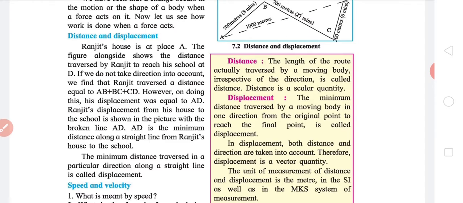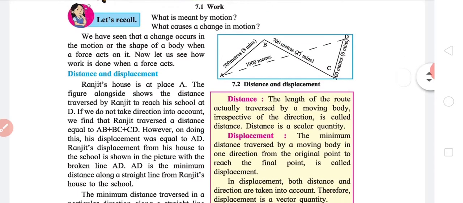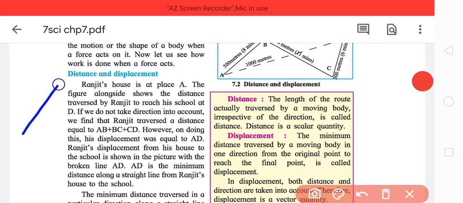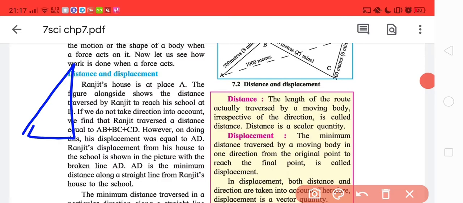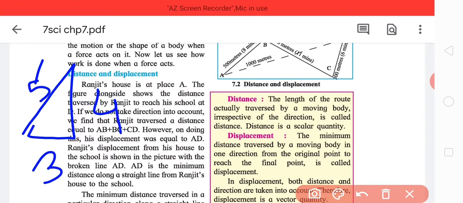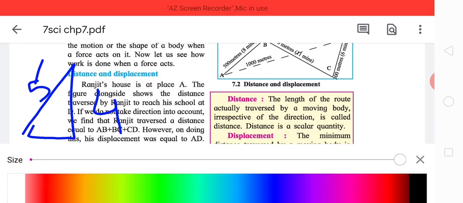Let me give you an example on a triangle. Suppose this side is 5, this is 3, this is 4. Now a person goes from this point to this point using this path.